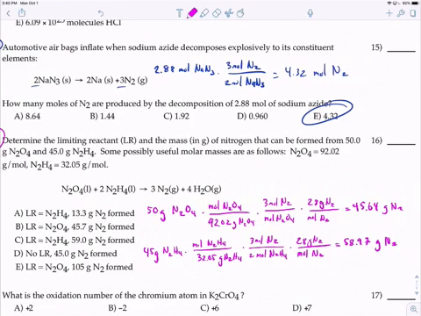Memory's not as good as it used to be. Answer's B. Let's take the lower one. So, questions with this one?